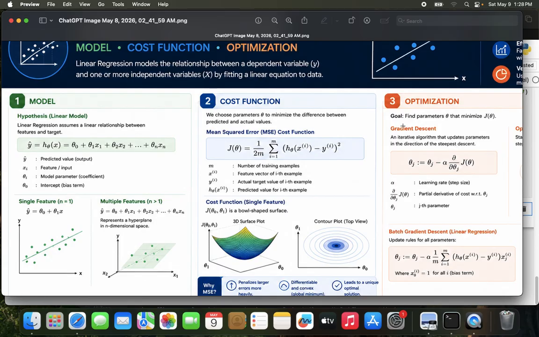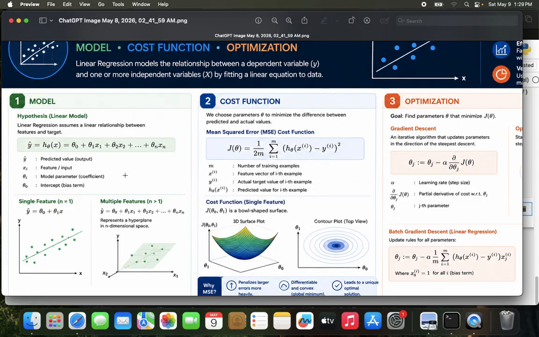At the core of linear regression is the model, along with the cost function and optimization. The model is some kind of hypothesis, and this hypothesis assumes that our output y can be predicted from a linear combination of input features x.